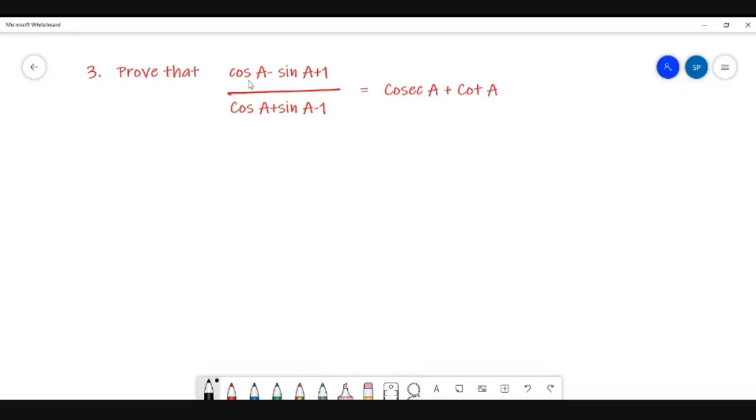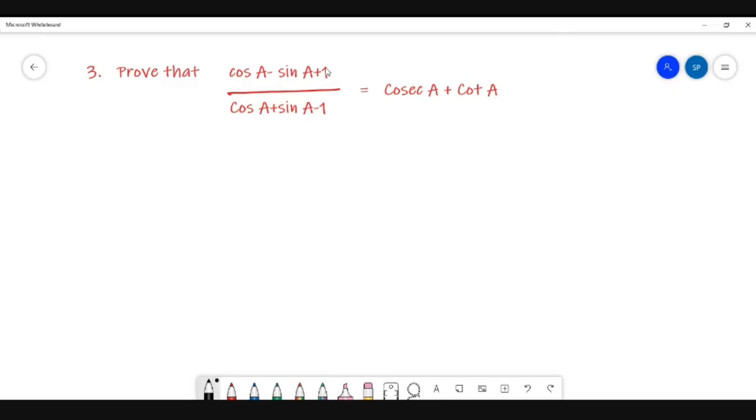We know that cos a by sin a is cot, and 1 by sin a is cosec a. So we divide each of these terms by sin a. If you divide the numerator by sin a, you must divide the denominator also by sin a. So each of these terms we divide by sin a.